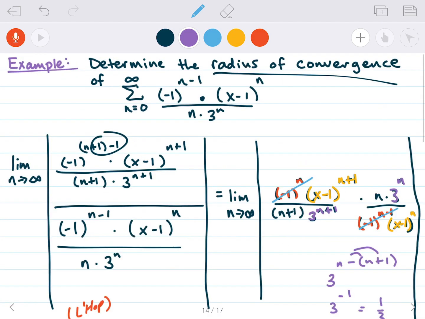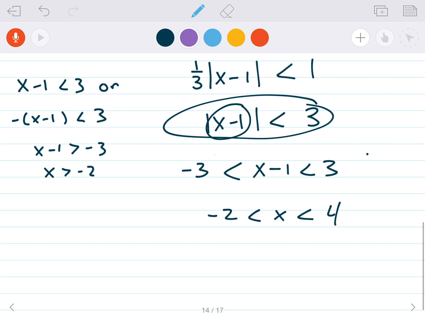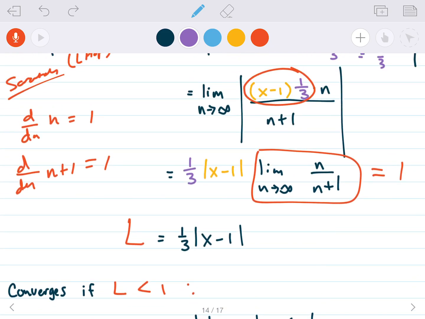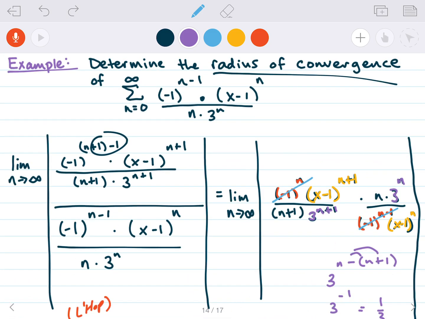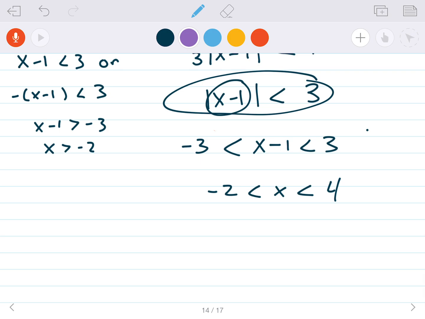So, going back to this problem, from the very beginning we saw what our center was. Our center is 1, just by the fact that we have x minus 1 in parentheses. If we were to draw this out, here's my center at x equals 1.